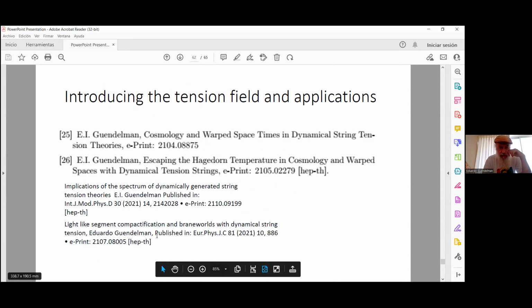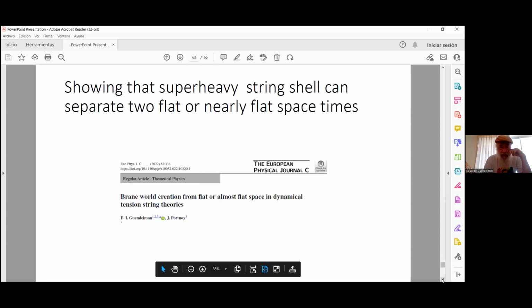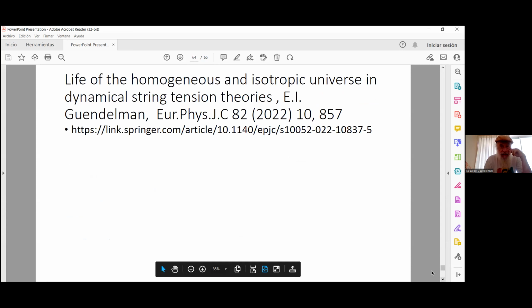We have a paper in the European Physics Journal last year, on brane world creation in dynamical string tension theories. And the lifetime of the homogeneous and isotropic universe was published months ago in the European Physics Journal.